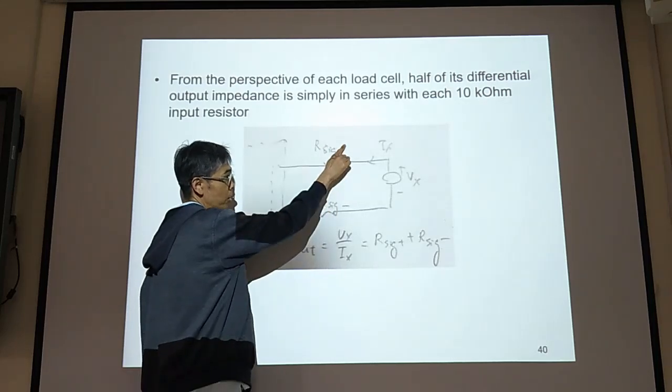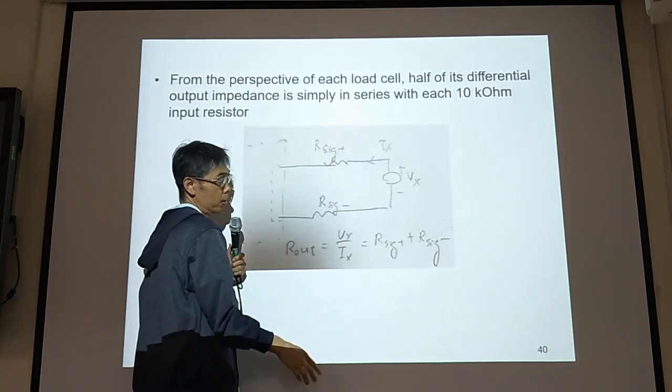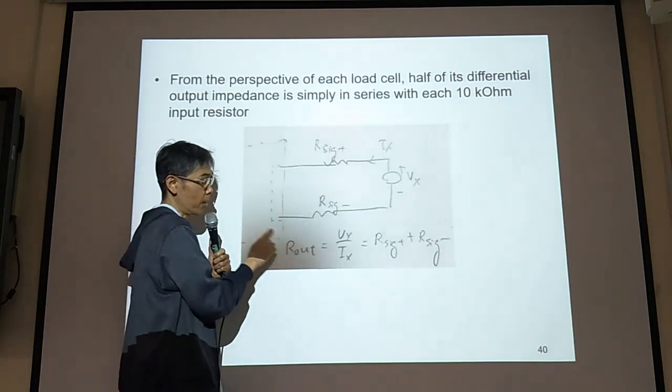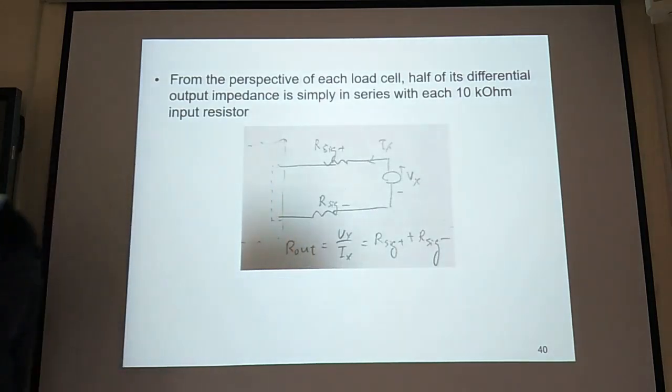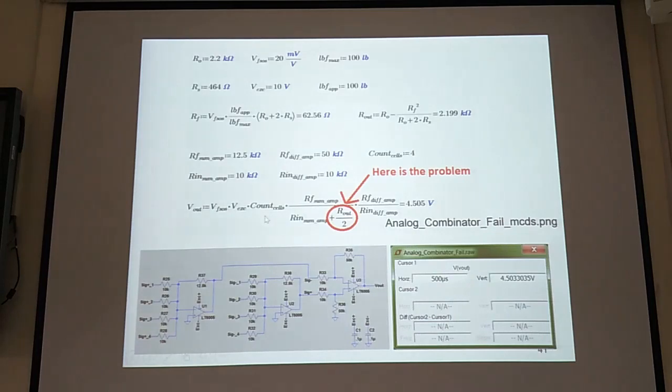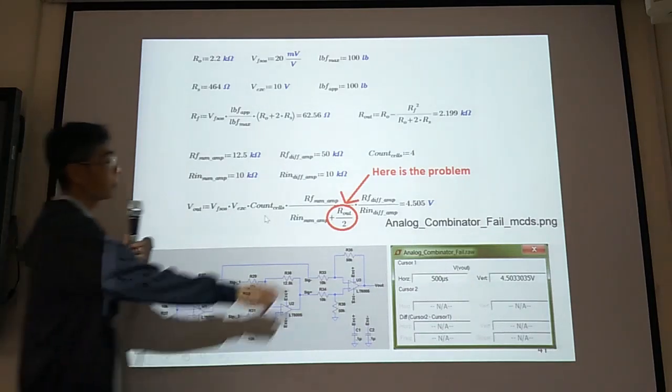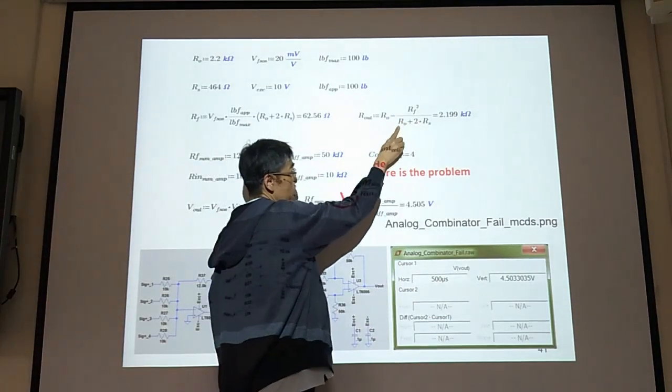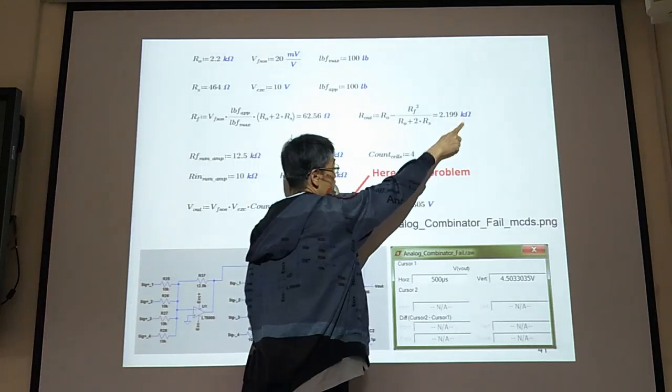For this positive branch, it should be half of the output resistance. So the output resistance, you can use this equation to calculate, is 2.19 kΩ.